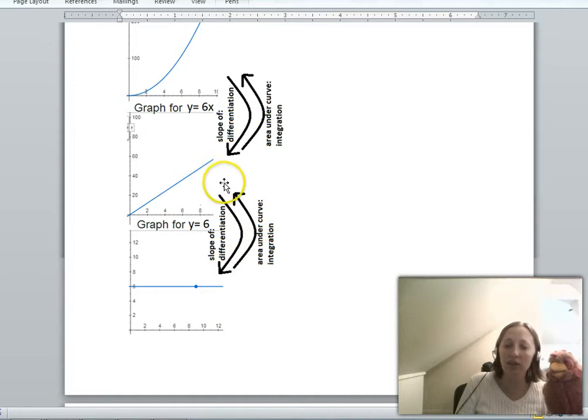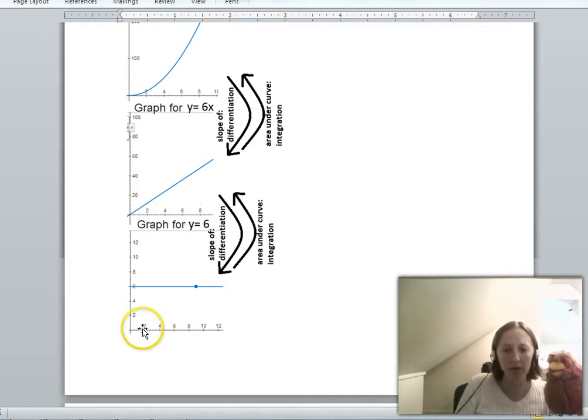That's called integration, and the way that you would do that is by finding the area under that curve at each point. It's easy for these flat guys because for the graph y equals 6 at point 2, you go, okay, what is the area under this curve? That is this rectangle, and that's going to be a 2 by 6 rectangle, so that's 12. So you go out to 2 and you put a point at 12.